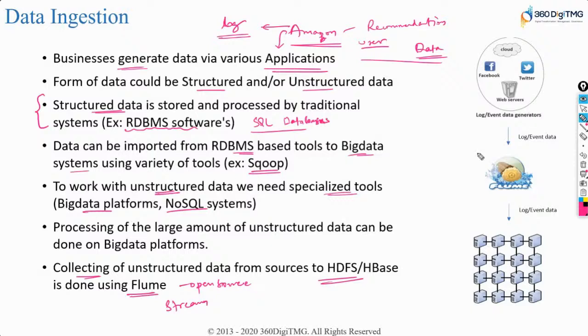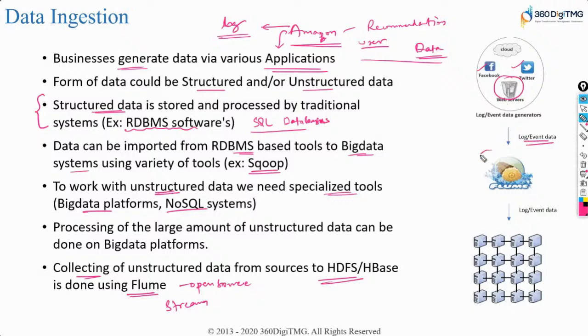In this example, I have cloud-based instances, Facebook social media, and client servers. All these are different sources where your live data is getting generated, and this data is generally unstructured. So we are storing this live log or event data through Apache Flume.